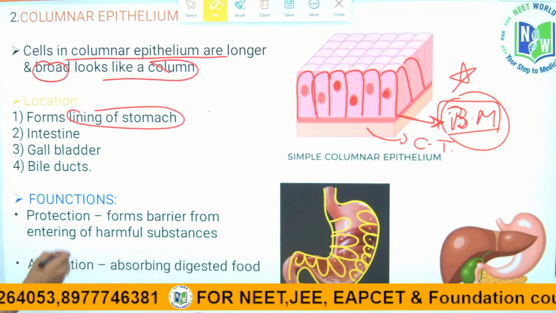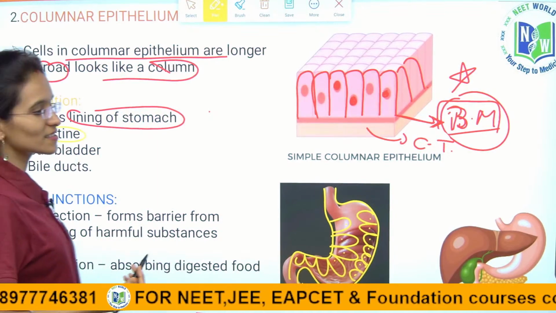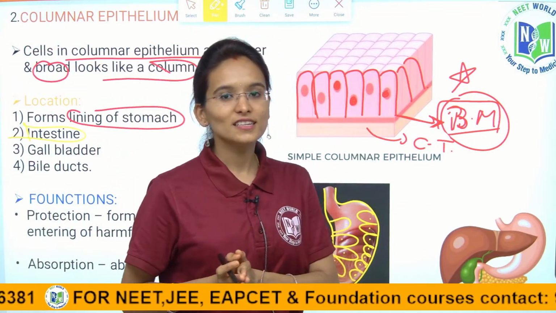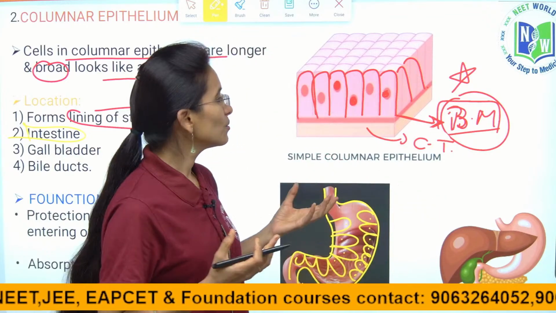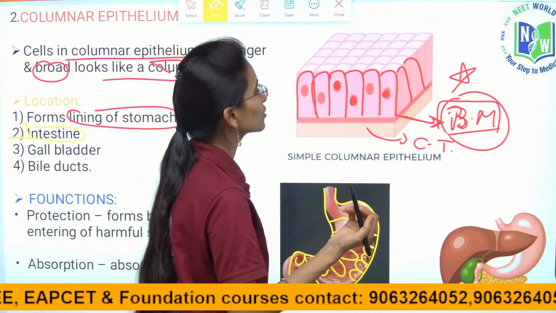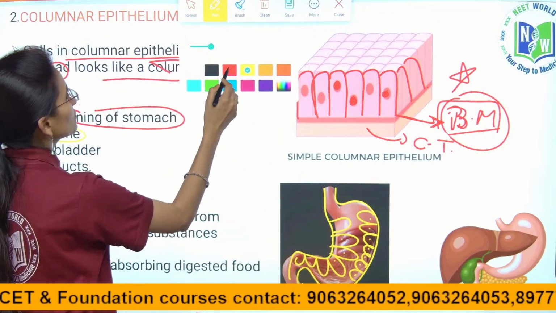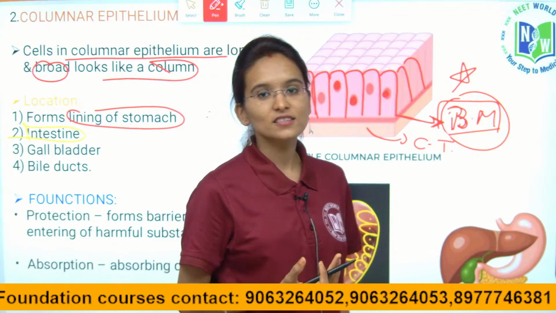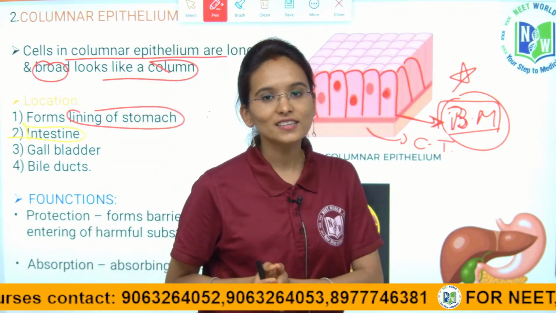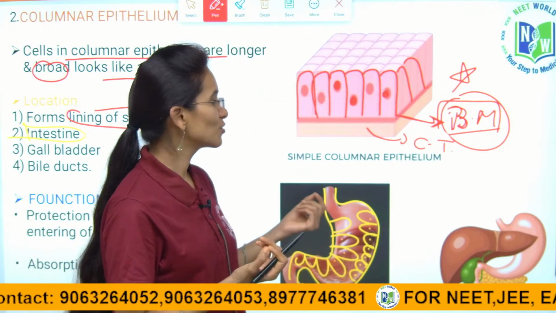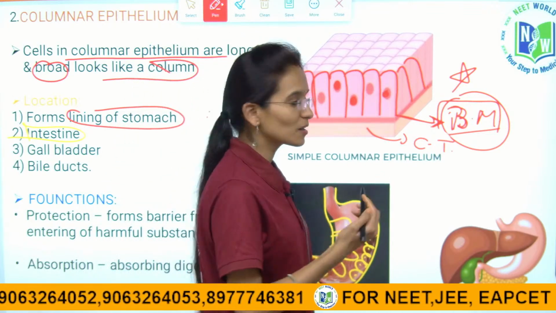Yes, and next these are also present in the intestine. These columnar epithelial cells do not always remain as they are. Sometimes they are modified. How are they modified? They are modified into finger-like projections inside the intestine. So, after the stomach we have the intestines, and the intestines are lined with columnar epithelium.